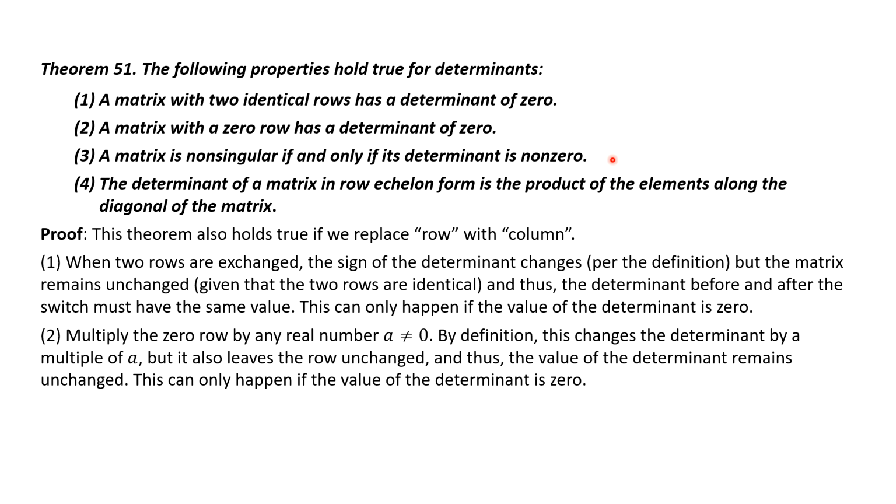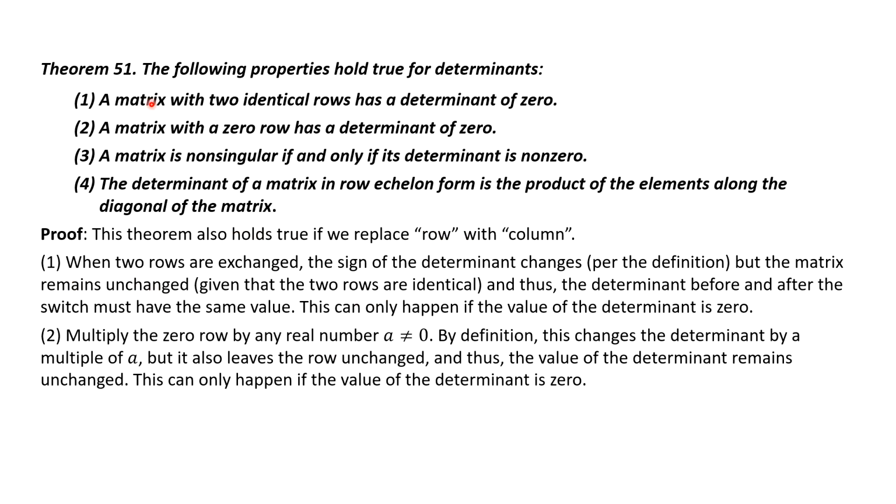So that was the other condition I mentioned about when a matrix is invertible. The determinant of a matrix in row echelon form is the product of the elements along the diagonal of the matrix. And I could have replaced row with column in statements 1, 2, and 4, and the theorem would still be true. But I'm just going to prove it in the case of rows.